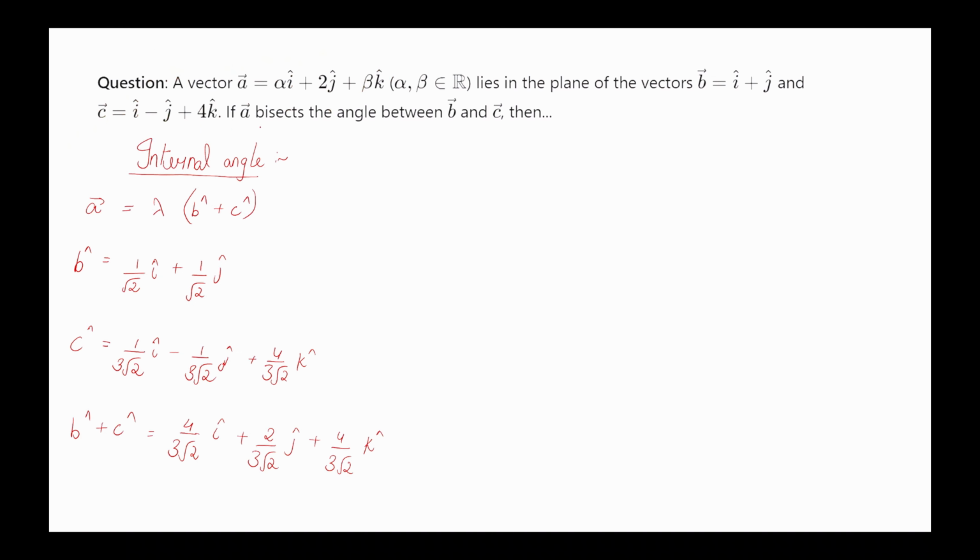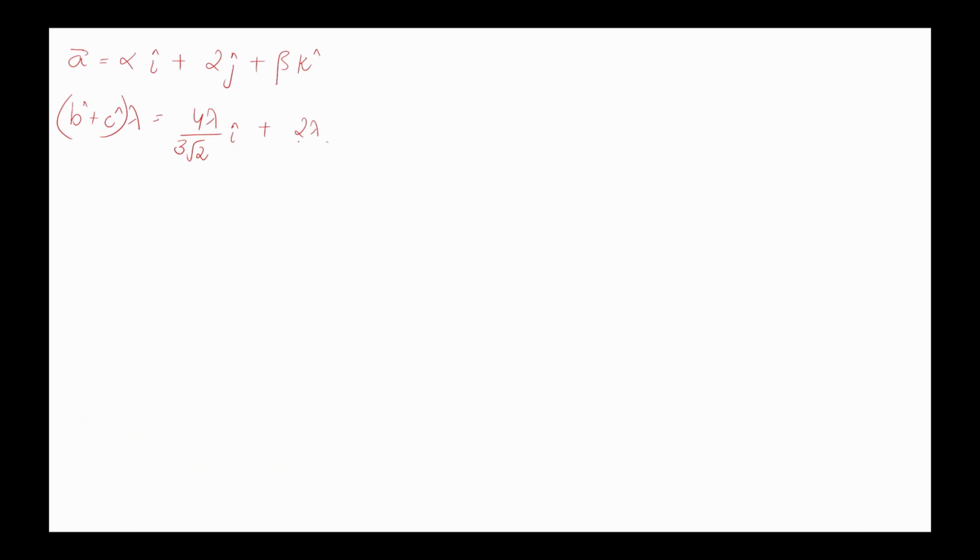So from here, if I start equating my A vector, which is given to me as alpha I cap plus 2 J cap plus beta K cap, and my B cap plus C cap times lambda, what does this come out to be? 4 lambda upon 3 root 2 I cap plus 2 lambda upon 3 root 2 J cap plus 4 lambda upon 3 root 2 K cap. So this is what I'm getting.